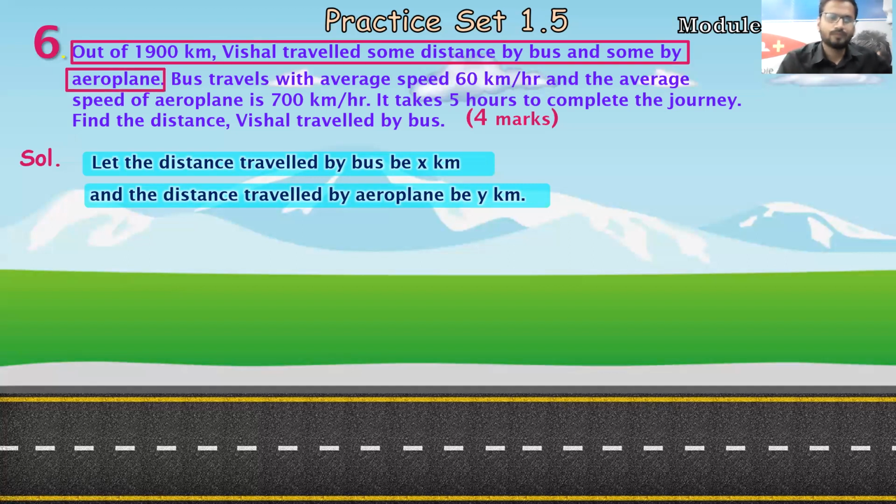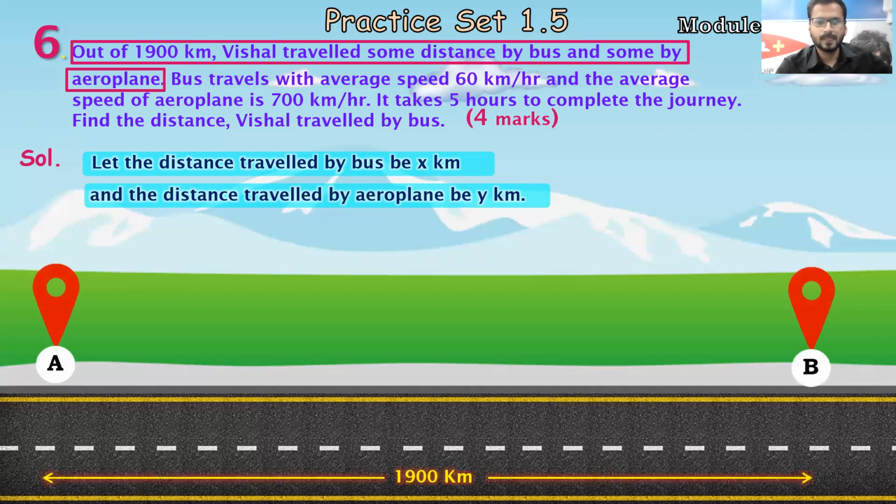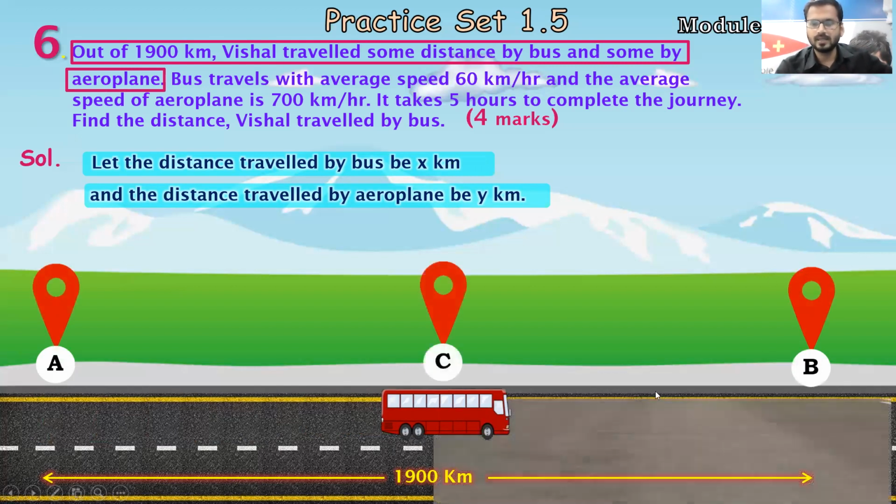Fine. Now, focus on this PPT that you can see on the screen. Let us say this is the bus and this is the total distance the individual is traveling. It is 1900 kilometers. So let us say the individual traveled some distance by bus, this much distance he traveled by bus, and the rest of the distance, let us say he traveled by the aeroplane. Fine. So the distance traveled by bus, students, we have assumed as x.